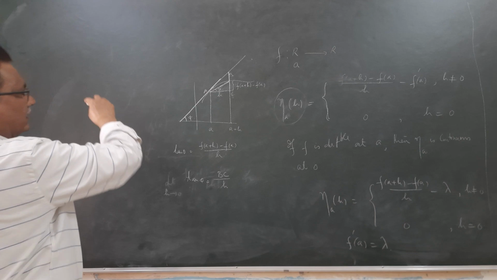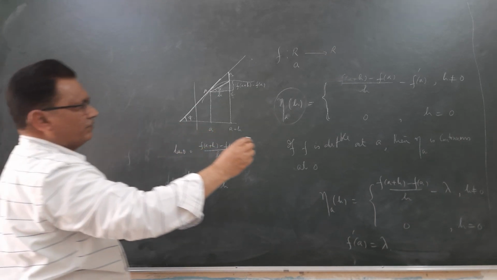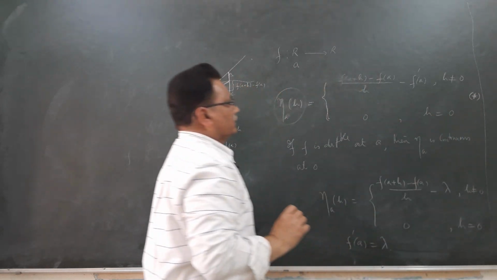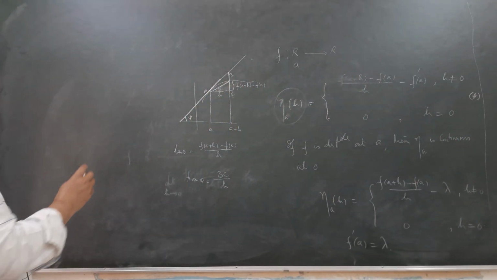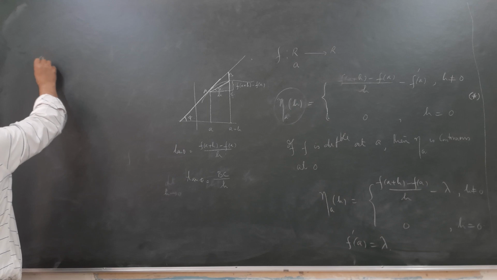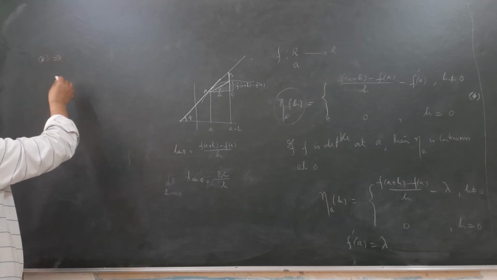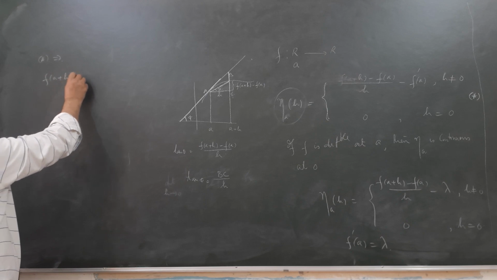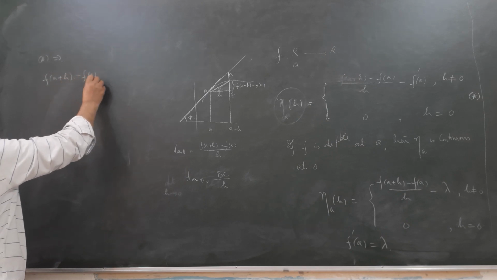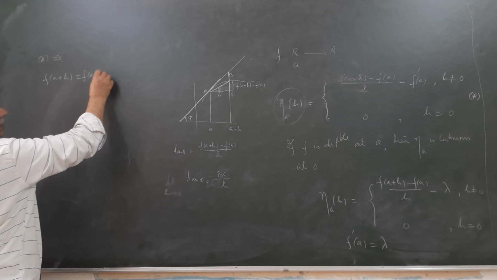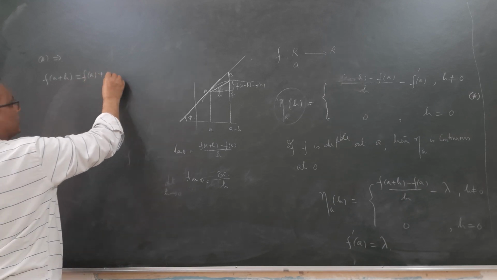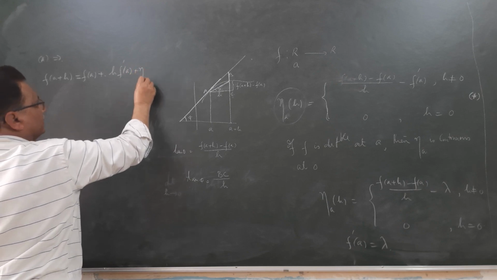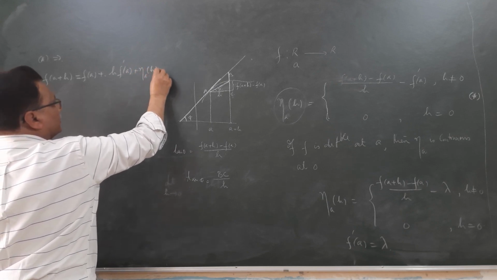So eta A of h, if I call this definition as definition star, so star can be written as f of A plus h minus f of a equal to h times f dash A plus eta A of h into h.